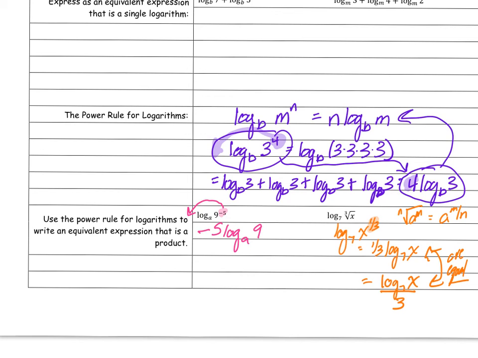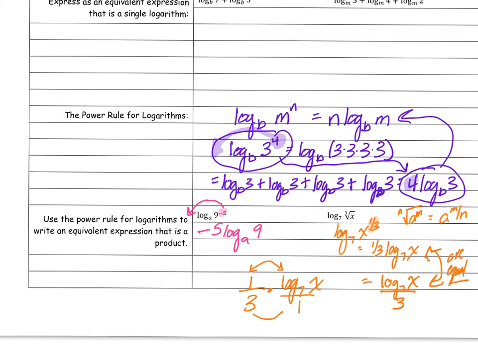They're the same, because if you think of this, this is 1 divided by 3 times log base 7 of x over 1. So 1 times log base 7 of x, and 3 times 1 is 3, so I end up with that. So as you can see, these two are equal.